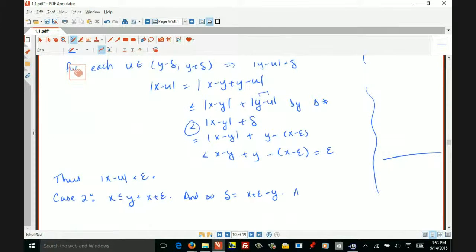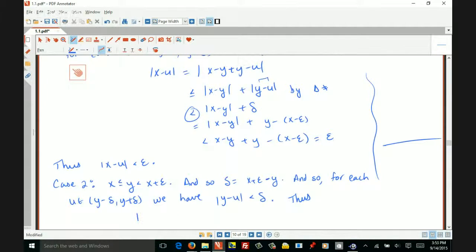And for each u in y minus delta to y plus delta, we're going to have y minus u is less than delta.